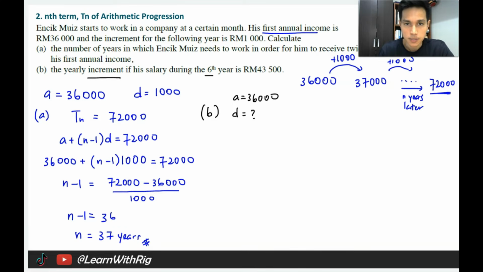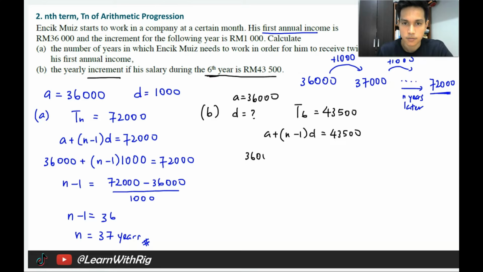But they gave you this. They said the 6th year. So that means the 6th term, right? In this sequence, the 6th year means the 6th term is going to be equals to 43,500. Okay, that's what they gave you here. The 6th term is 43,500. So you're going to substitute into the term formula, which is A plus n minus 1 times D equals to 43,500. So what is A? A is 36,000 plus n is what?